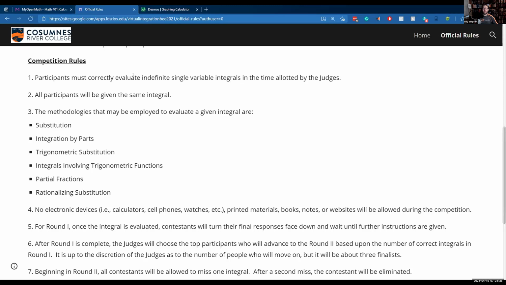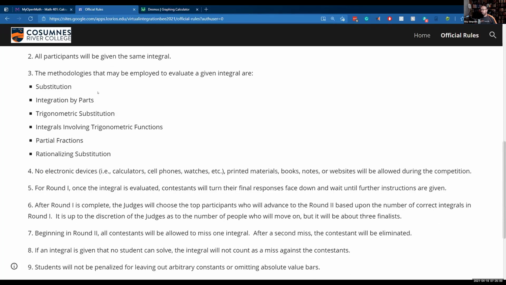And then we'll say pens down, and if you're in the first round, you scan your work and send it in, and you get a very short period of time to do that. So you want to make sure that you know how to upload that stuff. You don't have 10 minutes to upload it. It'll be like 30 seconds.